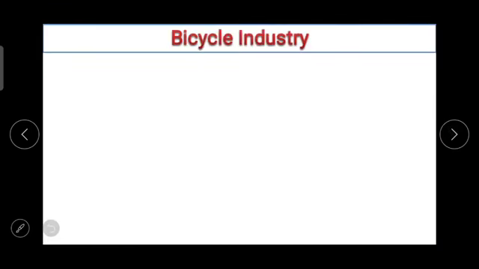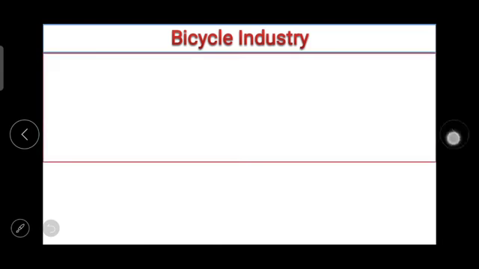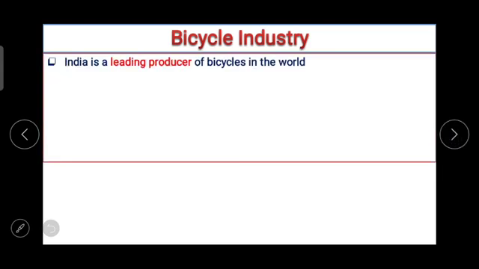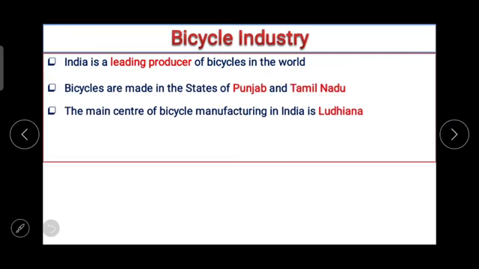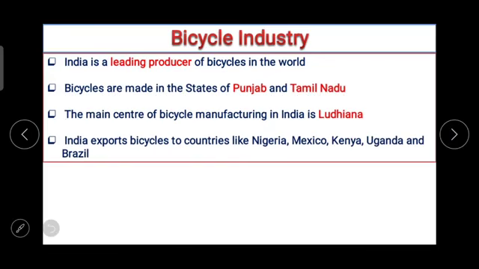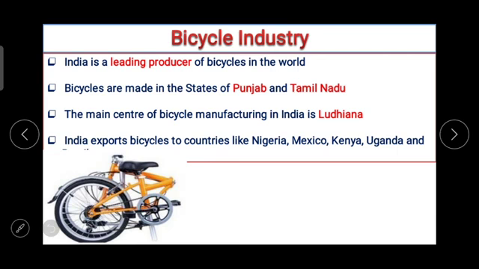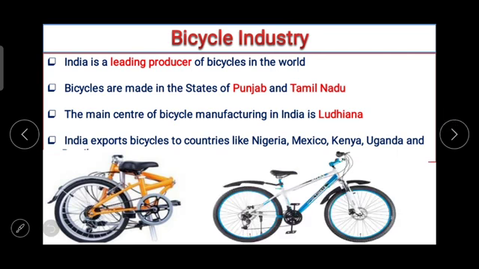Next one, bicycle industry. Now this is what is related with you people. You people may use bicycle. India is a leading producer of bicycles in the world. Bicycles are made in the states of Punjab and Tamil Nadu.